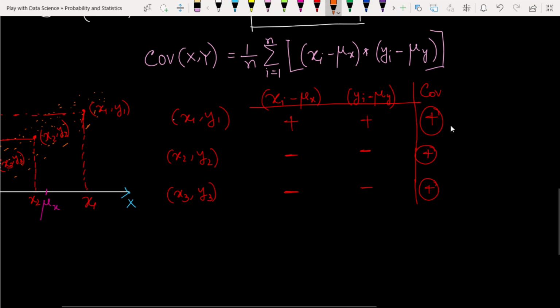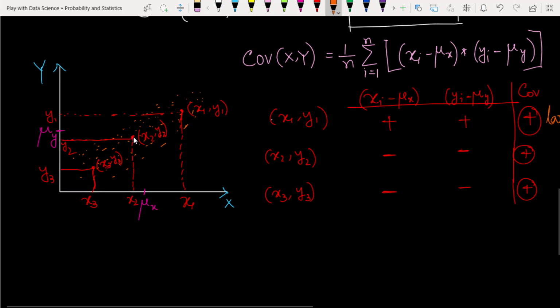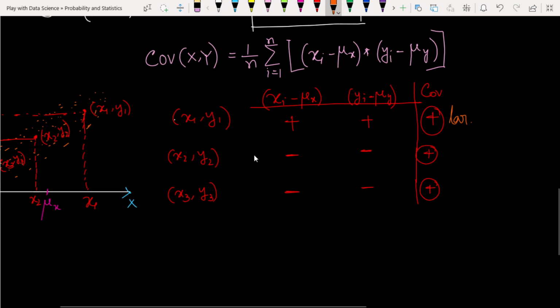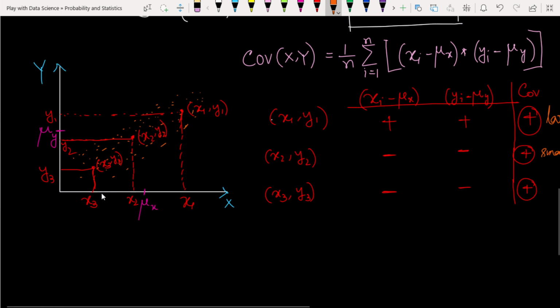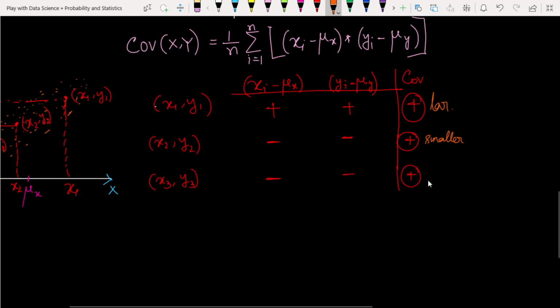For x2, y2, these values are closer to our mean, around our mean, so for those points the covariance value is much smaller. And for x3, it lies on the negative side of our mean value, but its distance is further from our mean, so it also gives a larger covariance.